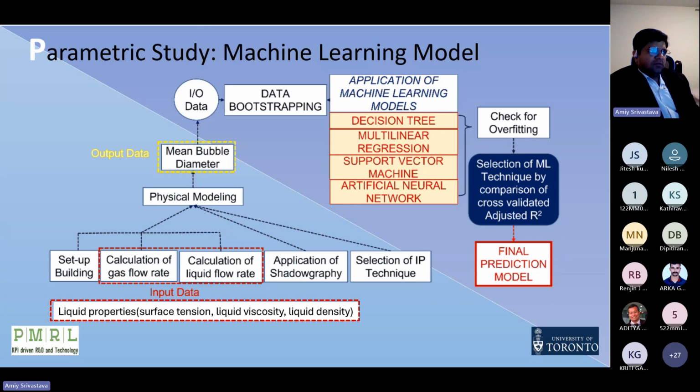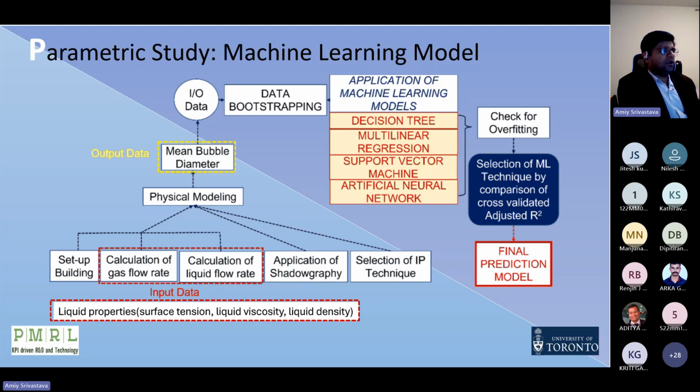Too few data points can lead to underfitting and overfitting. So in order to avoid them, we decided to perform data bootstrapping and then k-fold cross validation. Those two techniques are useful for ensuring that our model is not overfitting, because an overfitting model is not good for any use.